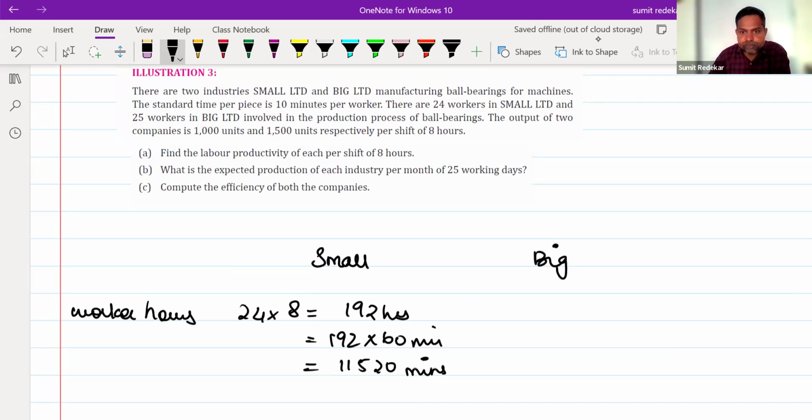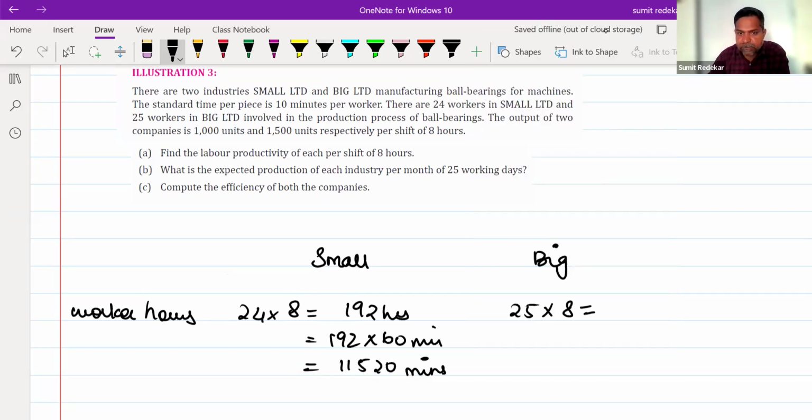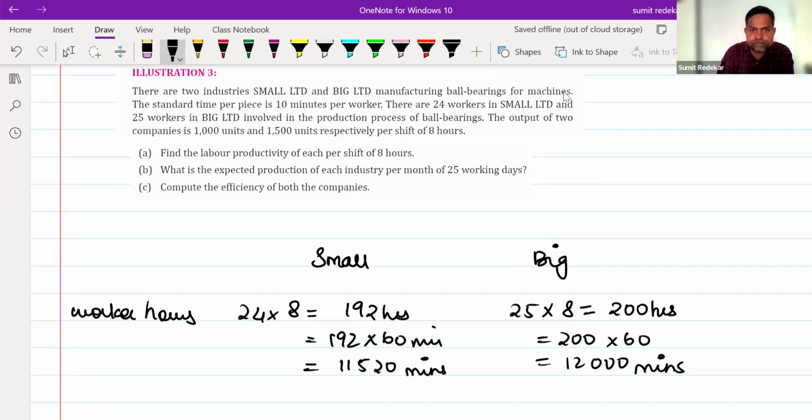What about big? 25 workers for 8 hours. 200 hours, which is 12,000 minutes.